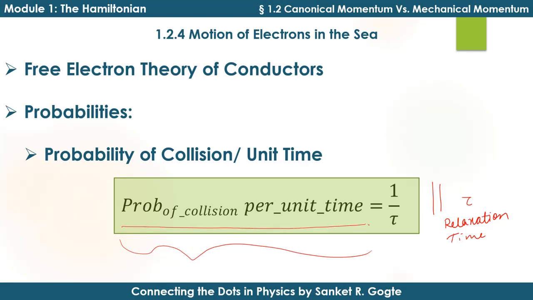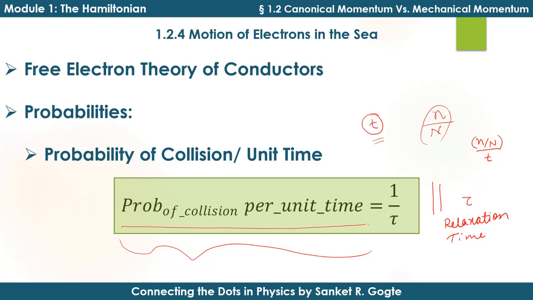Suppose you could observe all the electrons in that conductor. You choose a particular time, say t, and then note down how many electrons undergo collision. Suppose n is the number of electrons undergoing collision and N is the total number of electrons. Then n by N gives you the probability that electrons undergo collision in time t, and this probability per unit time is simply n by N divided by t.